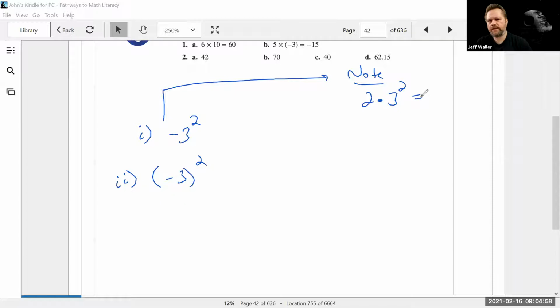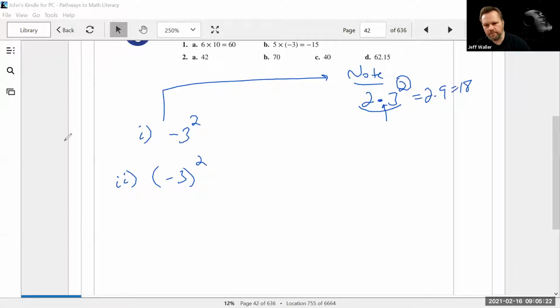Can you see why somebody might say 36? If you're a teacher and you see somebody say 36, can you figure out why they thought it was 36? They multiplied 2 times 3 times 2. They did this first, and that's insane because you don't multiply before you do exponents, right? So this is 2 times 9, 18.